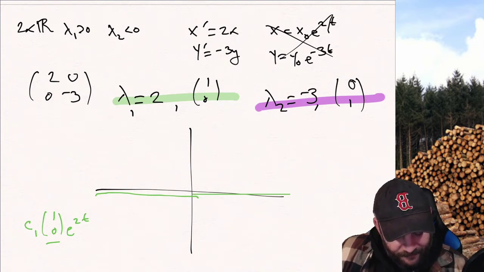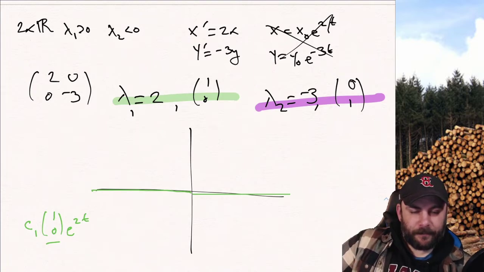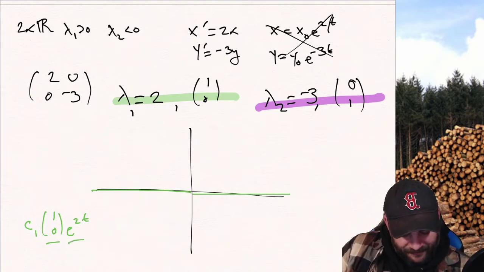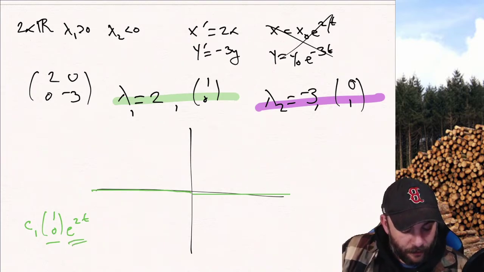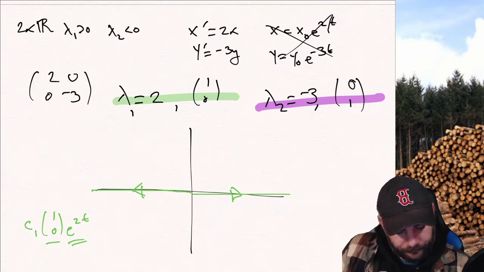And then e to the 2t, God, I really hate that. It looks like I'm right on the line on my iPad. I have to draw like a good 1/8 of an inch above it. Now the e to the 2t means I grow in x away from the origin. Okay, so I'm moving outward.